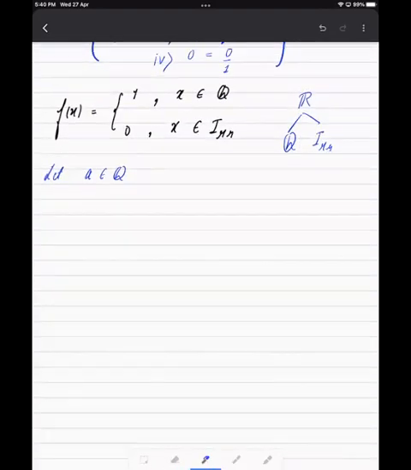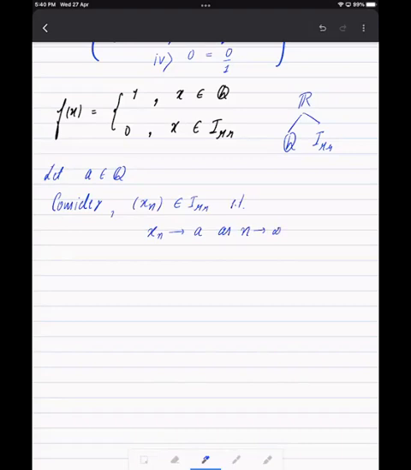Now, for this, what was our approach? The sequential criterion says you find a sequence converging to this point. So I'll find an irrational sequence converging to it. Consider Xn belonging to the irrationals such that Xn converges to A as n tends to infinity.